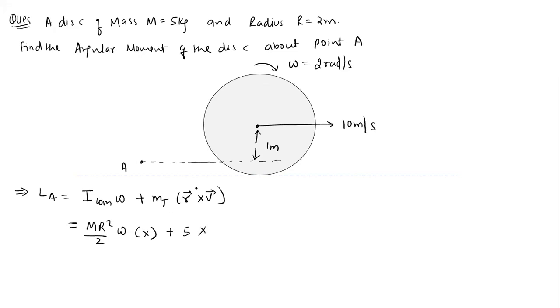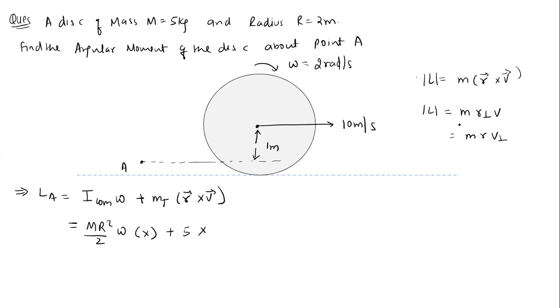Now, when you talk about the magnitude of mr cross v, angular momentum is m r cross v vector. I told you if I have to find the magnitude of L, I can write m into r perpendicular into velocity, or m into r v perpendicular.